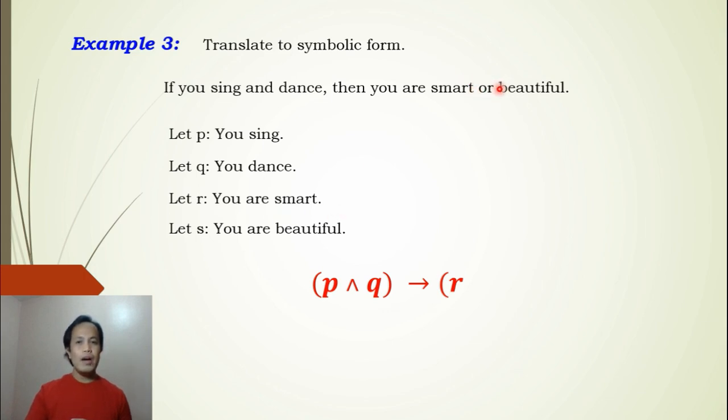Then we have a connector or, with this symbol. And of course, the last statement, which is you are beautiful, represents the S. So therefore, when we translate this statement into symbolic logic, we have P and Q implies R or S.